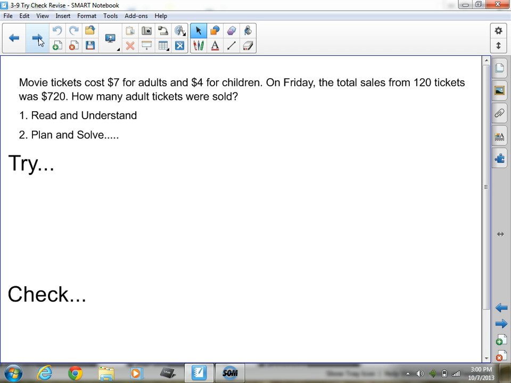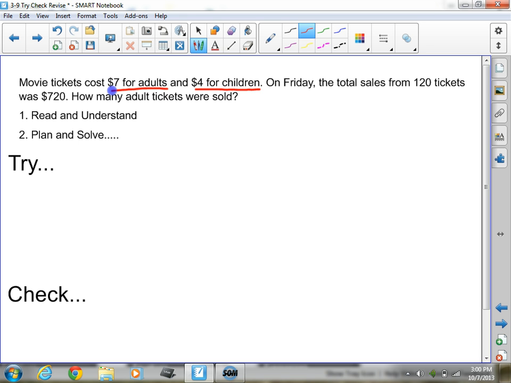Movie tickets cost $7 for adults and $4 for children. On Friday, the total sales from 120 tickets was $720. How many adult tickets were sold? So first we want to read it and understand. We've read it, now let's make sure we understand it. We know that movie tickets cost $7 for adults and $4 for children.